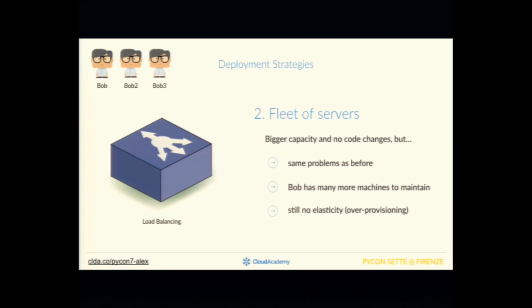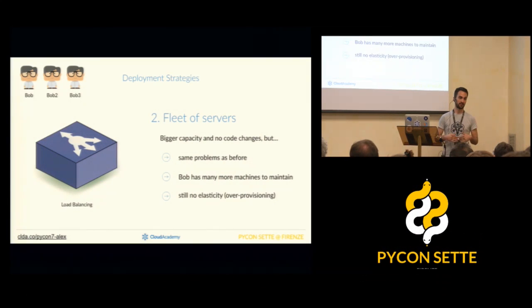But still, as a data scientist, I don't want to handle even more machines, even more DevOps stuff. We don't have elasticity. We just increase the capacity, but we're not elastic at all. We have more processes, say 5 per machine and 10 machines. We are still stuck at 50 executions in parallel, which doesn't scale.